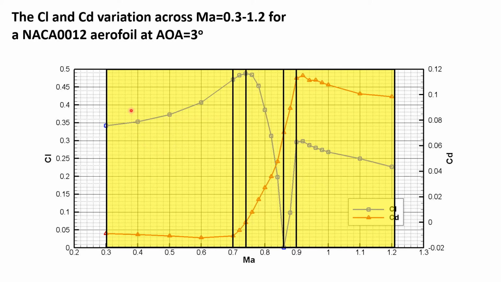Region 1 is between Mach number 0.3 and 0.7, region 2 is 0.7 to 0.74, region 3 is 0.74 to 0.86, region 4 is from 0.86 to 0.9, and the last region is beyond 0.9. So let's see the reasons in the different regions. Now let's start looking at region 1.